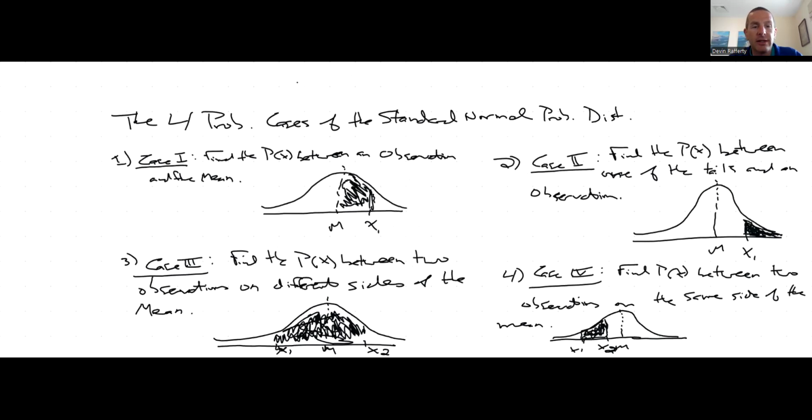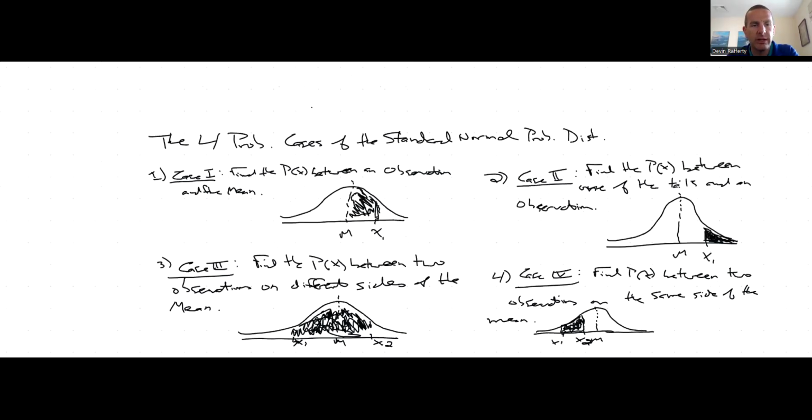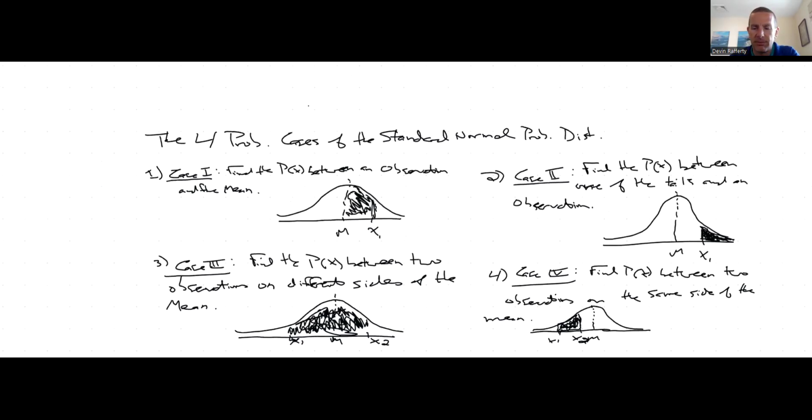We can calculate the area or the probability between a mean and a specific observation. Or we can calculate the probability between an observation and the tail. Or we can calculate the probability between an observation.